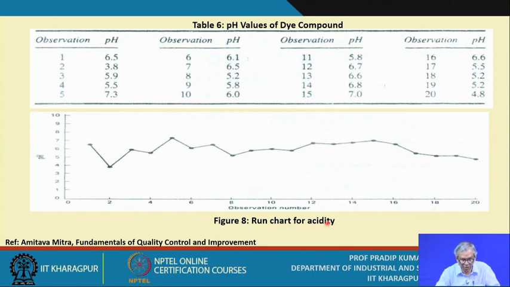So this is the run chart for the acidity. It's a very simple diagram. By looking at this diagram, you can get an idea about the trend in the values. Trend analysis is an important analysis in quality assessment, in quality control.